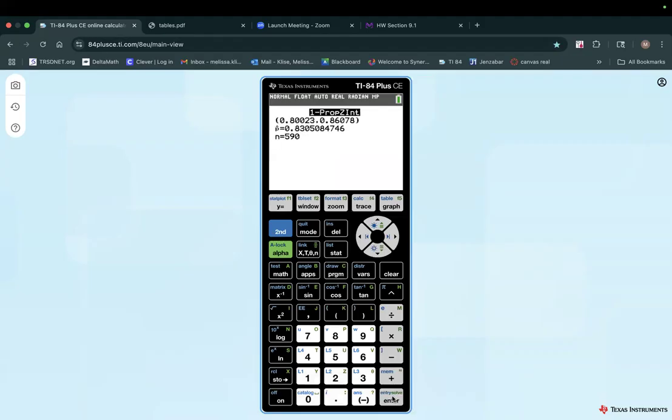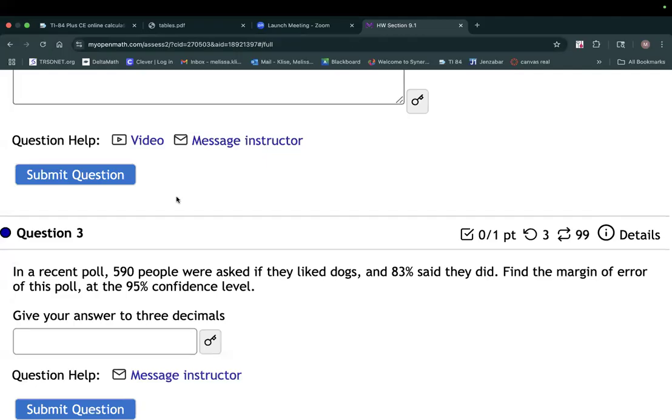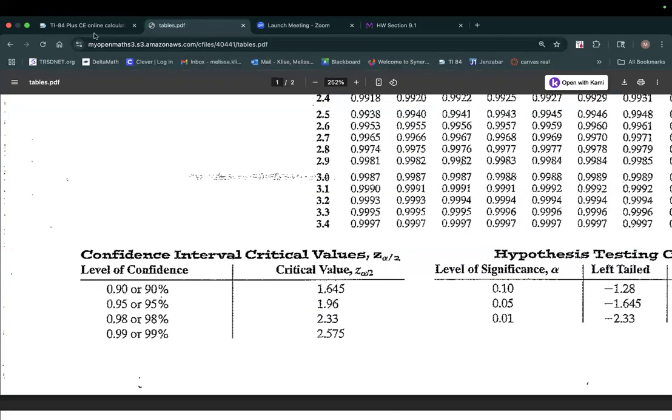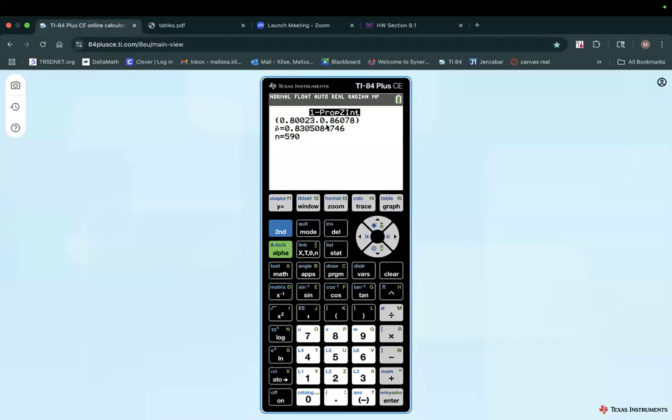It gives me 0.80 and 0.86. Let's see if it likes it. Oh, it wanted to know my margin of error. Well, let's go back to here. It works, because 0.83 is my p hat. So 0.86 is 3% above and 0.80 is 3% below. So that did give me the proper margin of error.